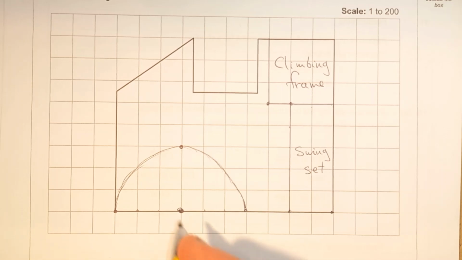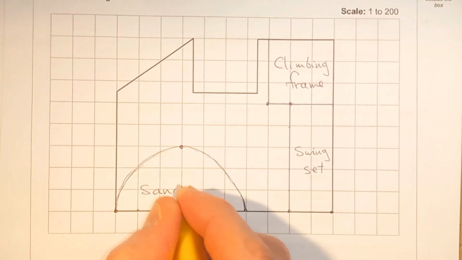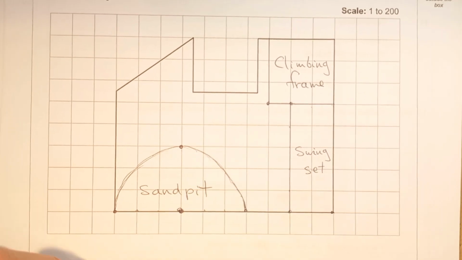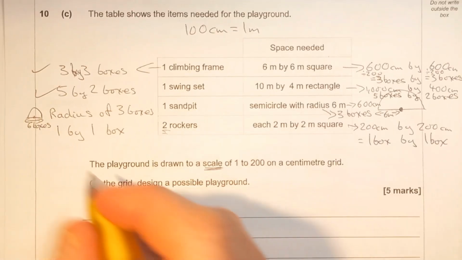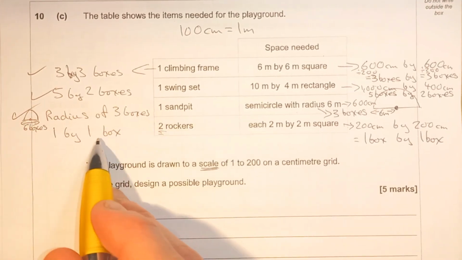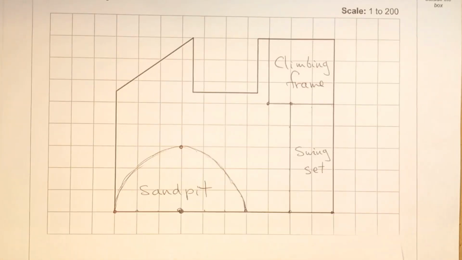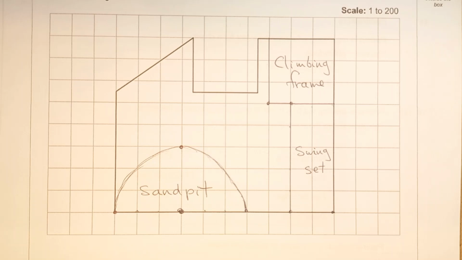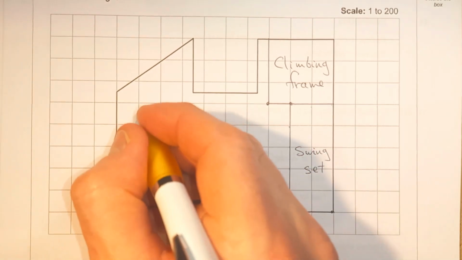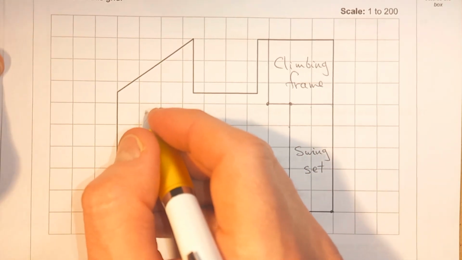So this was our sand pit, which we can tick off. Then we've got our rockers, 1 box by 1 box, but we have got 2 of them. Well, we can choose where these go. What should we do?